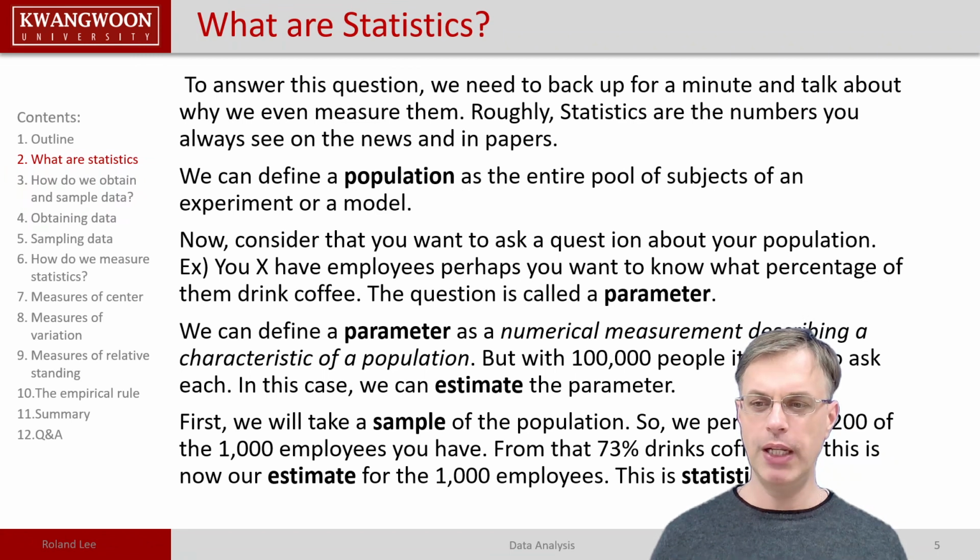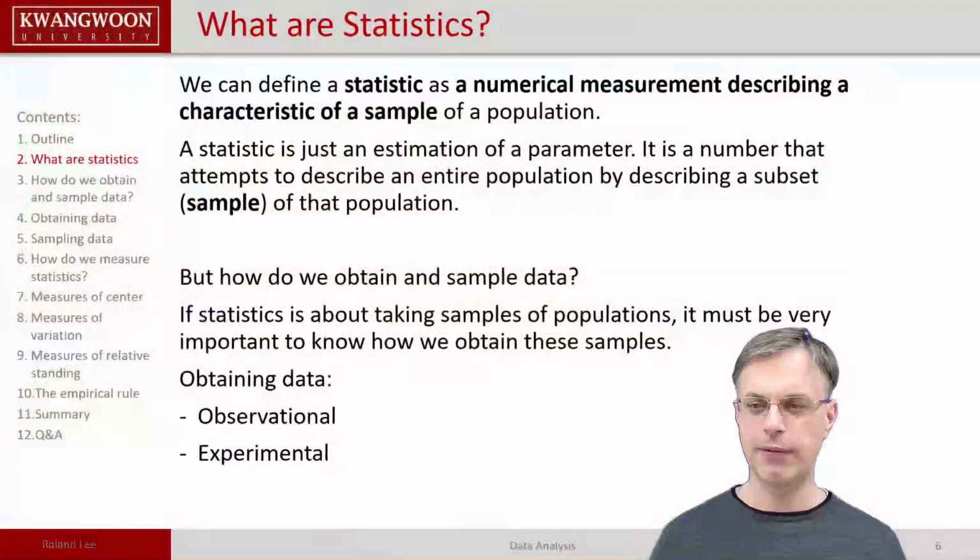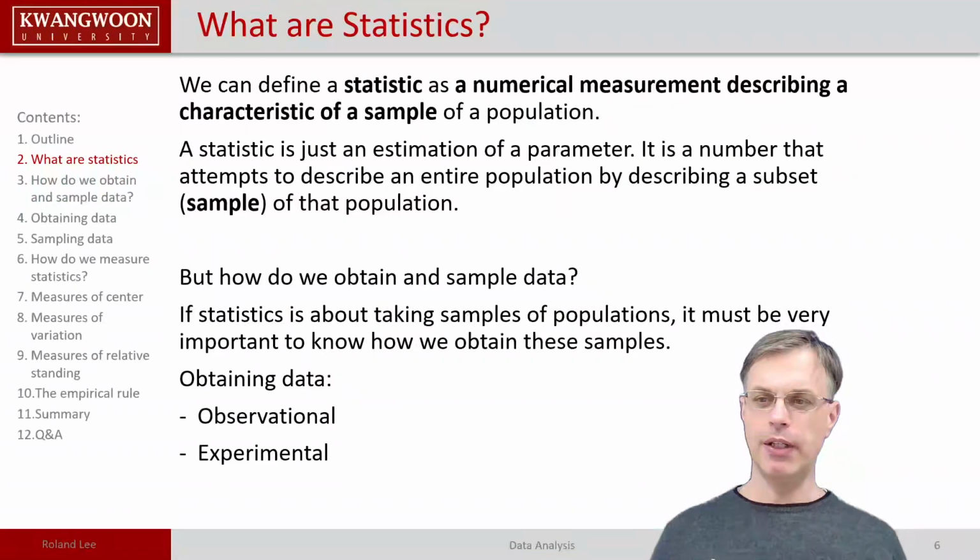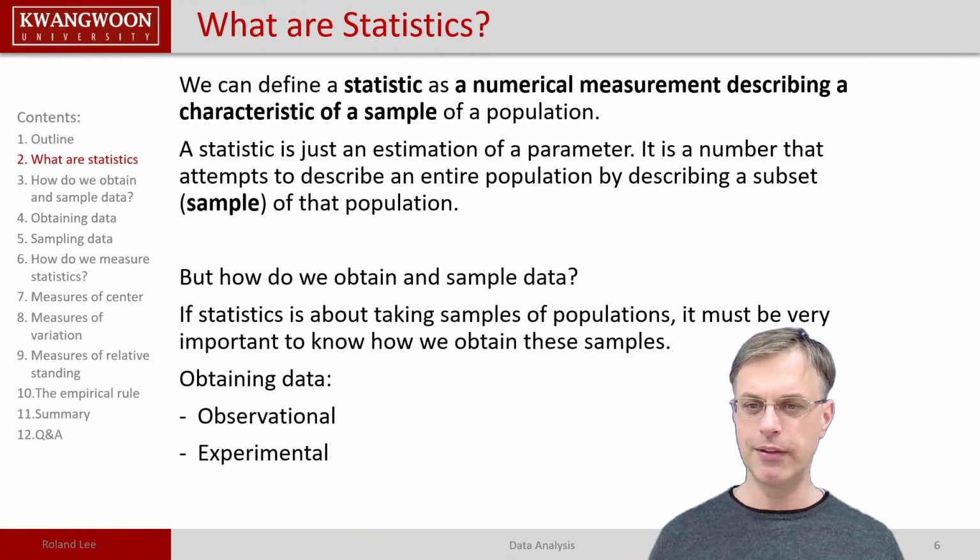So we will take a sample of the population, and what we get is now an estimate, and that is what we call a statistic itself. We can define a statistic as a numeric measurement describing characteristics of a sample, and you see here the subset of a population is the sample.